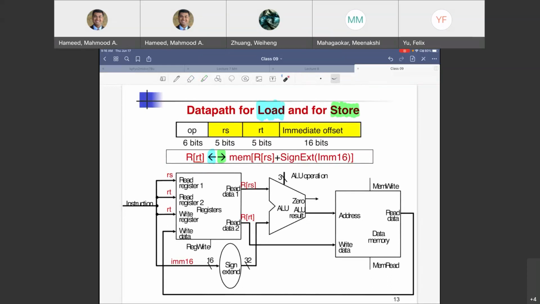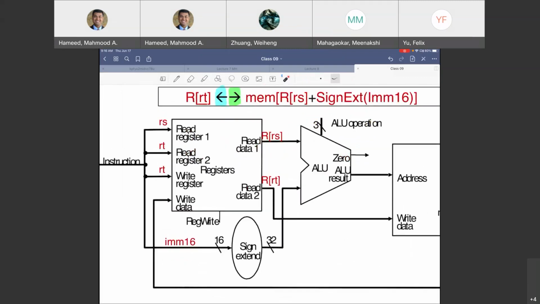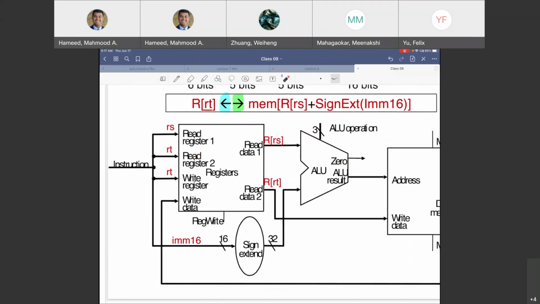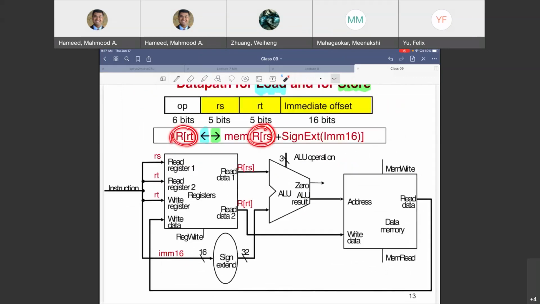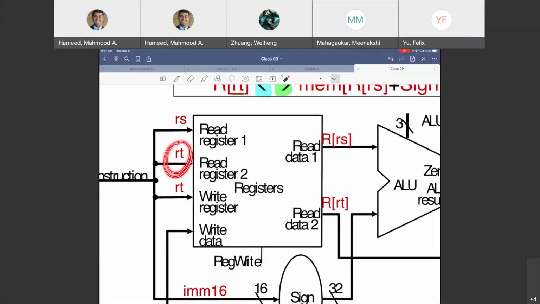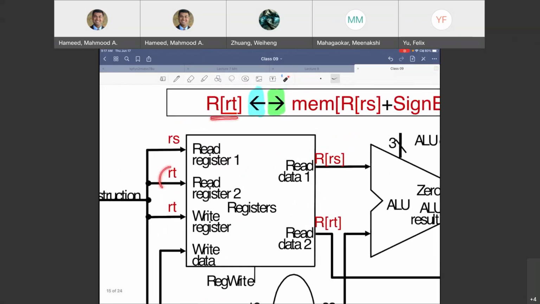Now, there's a difference here from the data path for R-type. In R-type instructions, we needed 2 source registers and 1 destination. Over here, we don't have all of them. We simply have 2 registers. One of them identifies RS, one of them identifies RT. There's no destination register. The RD field is not there. So in some cases, RT will function as a read register, and in some cases, RT will function as a write register.